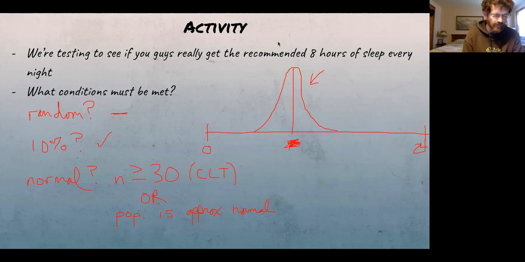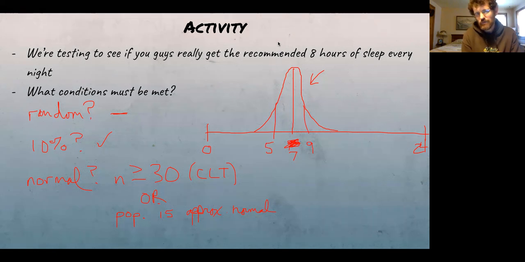And let's say it hovers around 7, with 5 and 9 being 1 standard deviation away. Is this true? I don't know. For our purposes, we can say that it is approximately normal or it's not, and just add a caveat at the end. So we can just say, no, we failed this one.